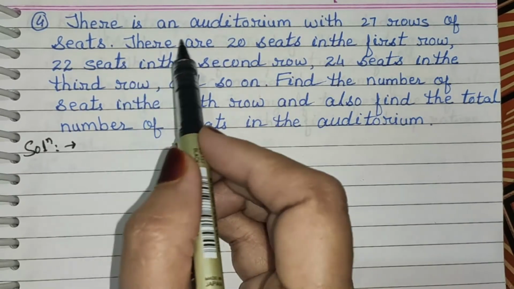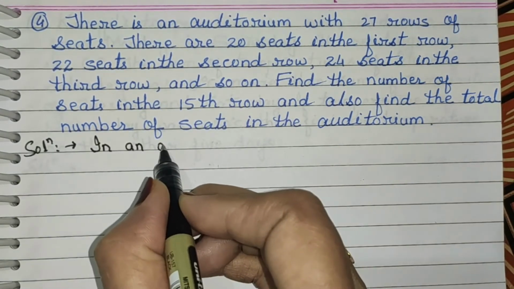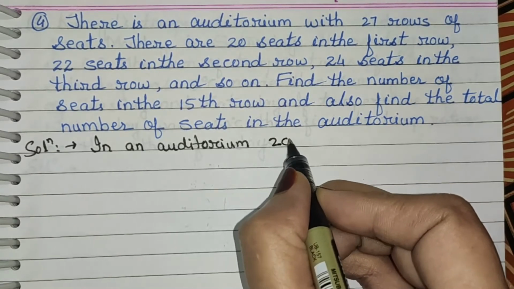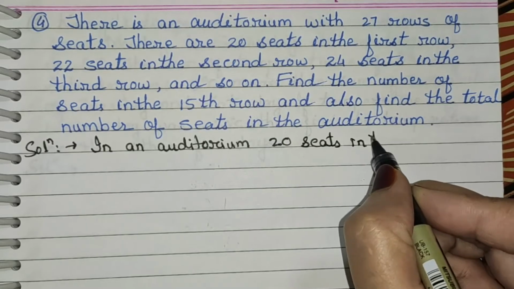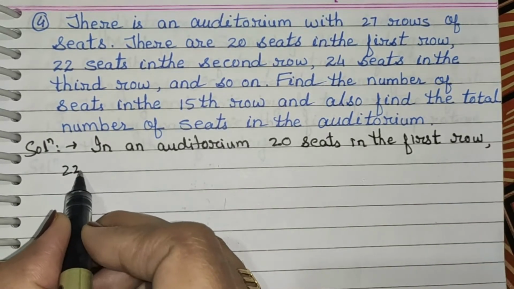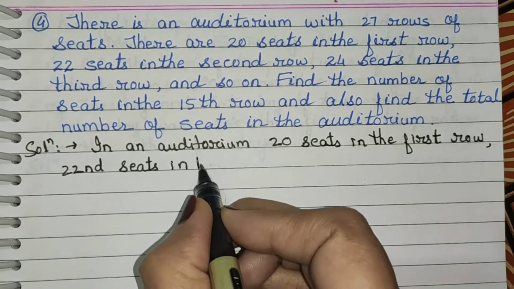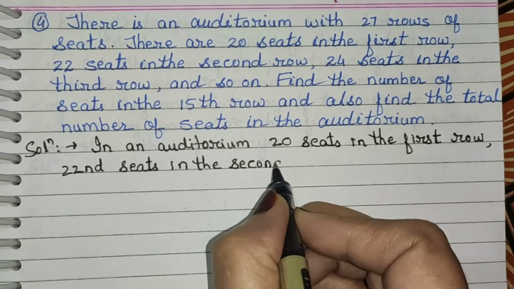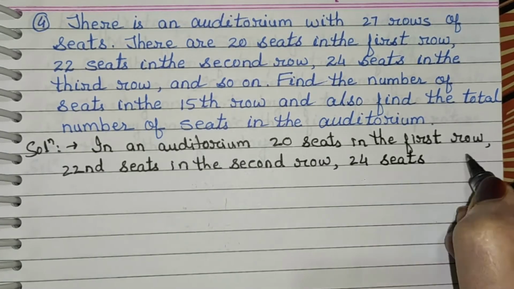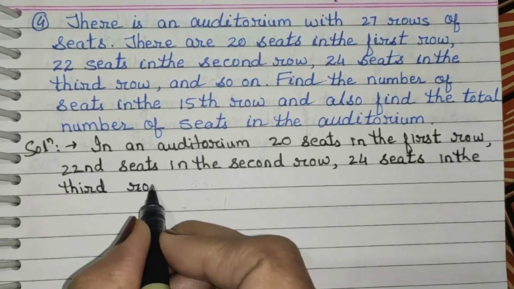It is given in an auditorium, 20 seats in the first row, 22 seats in the second row, 24 seats in the third row, and so on.